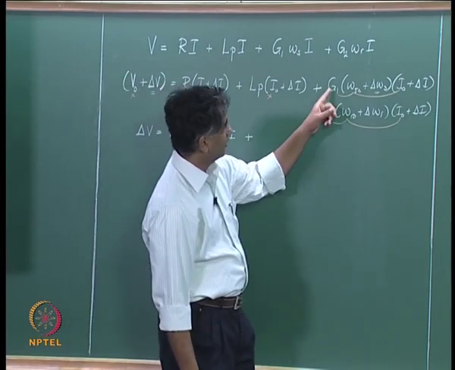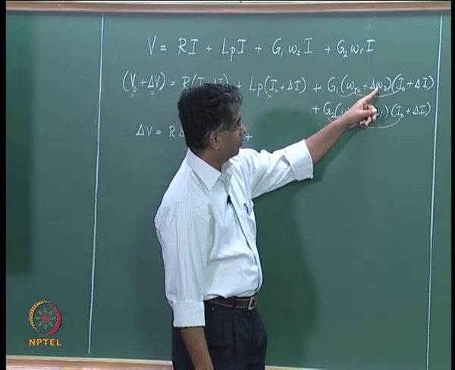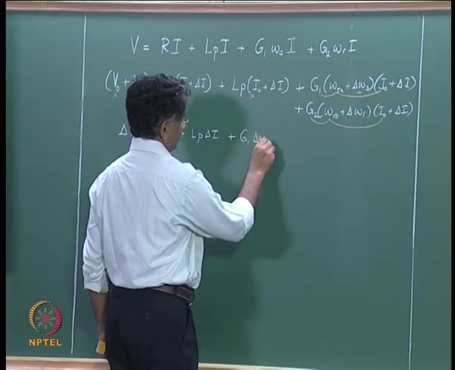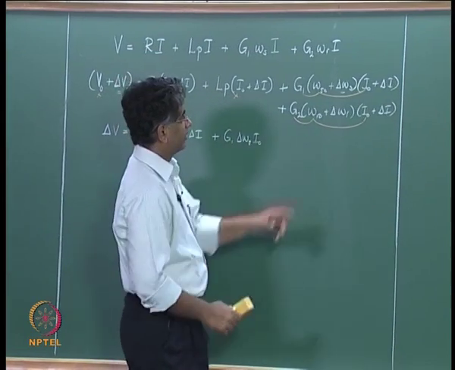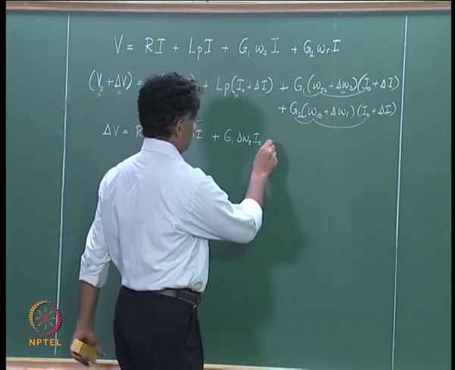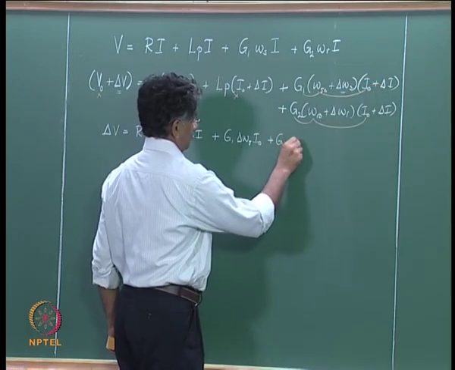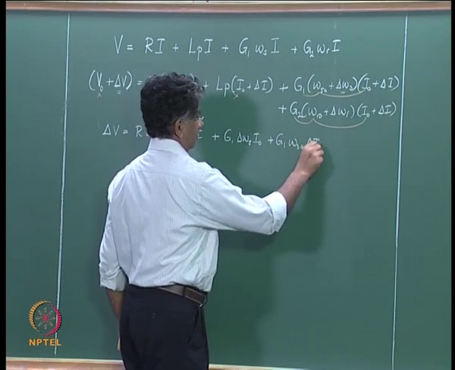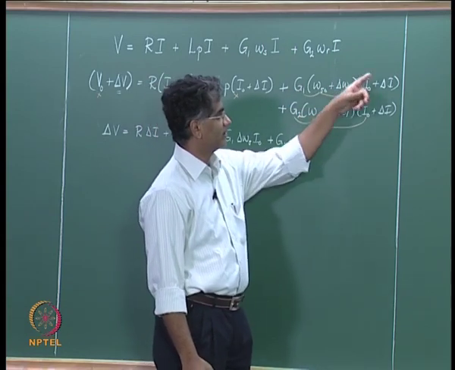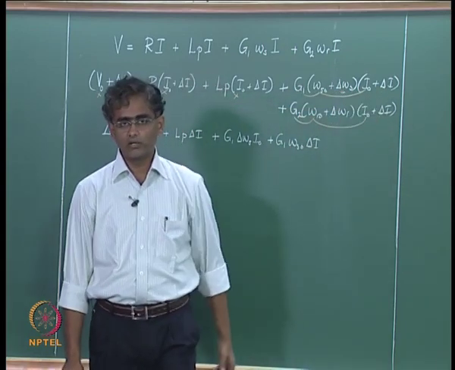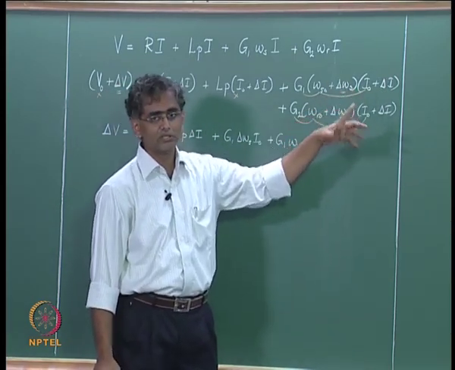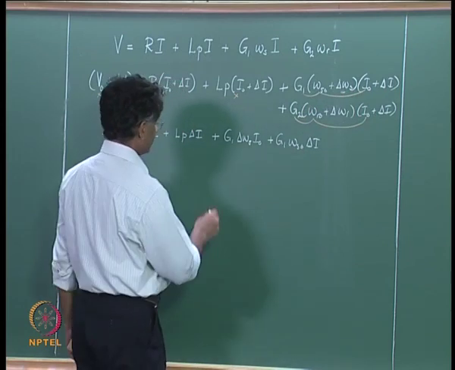From this term you would have G 1 delta omega s into I naught, and then you will have G 1 omega s naught into delta I, and then you would have another term G 1 delta omega s into delta I, which we neglect in comparison with these two terms, because this is a product of two small disturbances which we consider to be negligible.